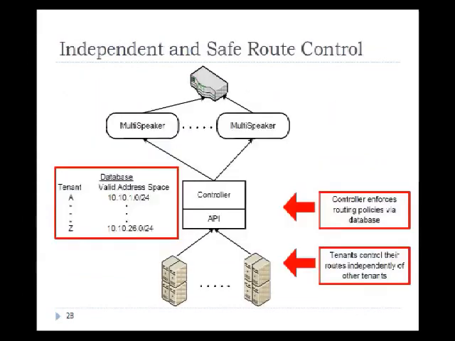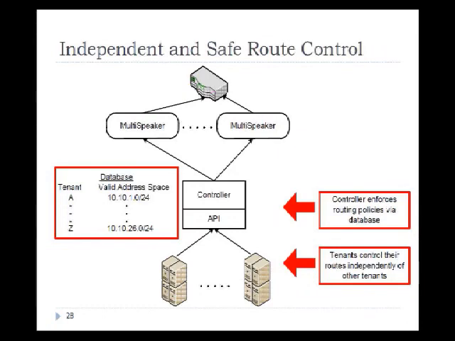The second property is independent and safe route control. To achieve independent route control, we allow tenants to control their routes independently of other tenants. So each tenant can install their application into their own network in their own box. So the effect of one tenant is isolated. And to achieve safe route control, we have the controller enforce routing policies via a database.